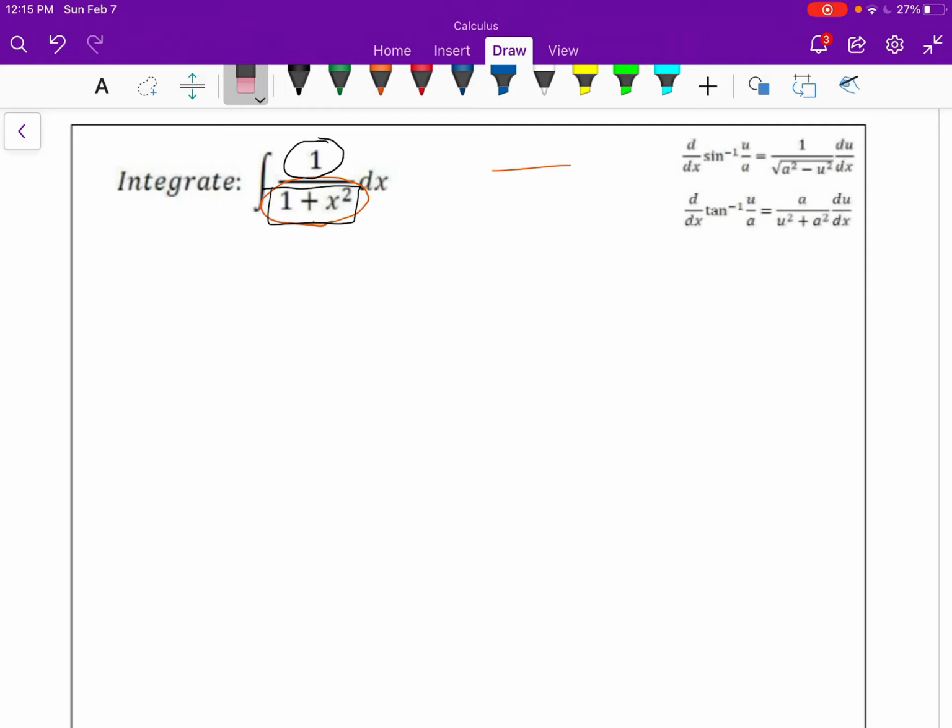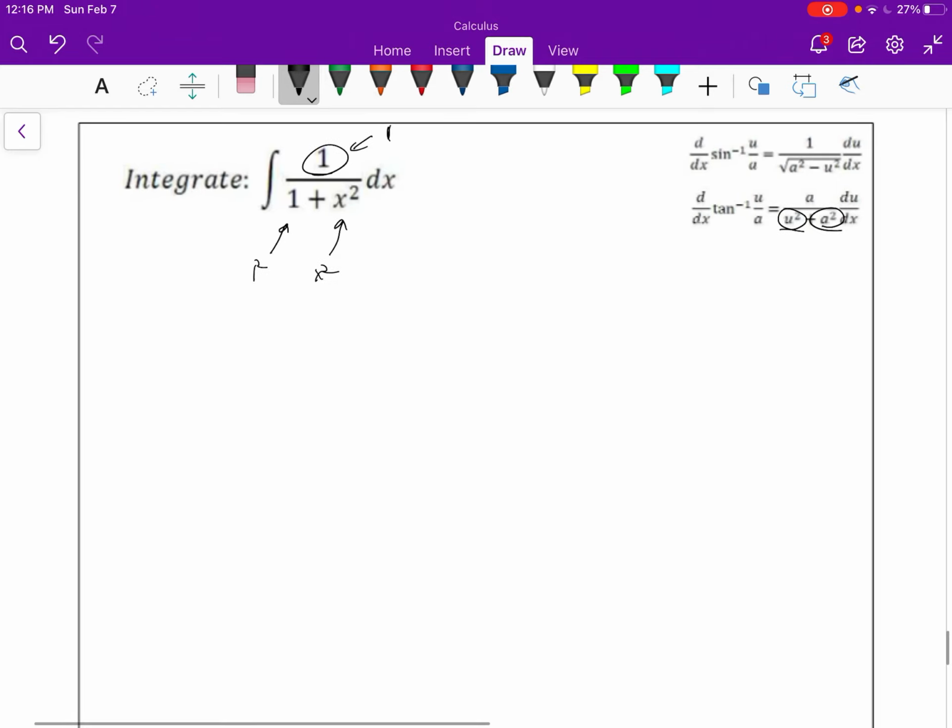So we're going to have to recognize some of these that wouldn't first be like, oh, that looks like a trig function, but it is. So notice this is a 1 squared plus an x squared. Well, that looks a lot like that, and 1 on top. And so this looks like our tangent.